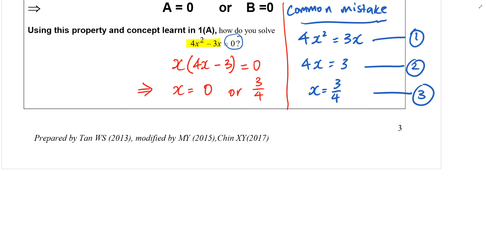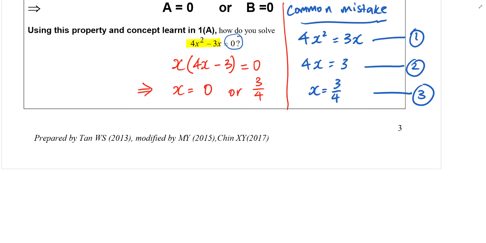Why nobody want to say 2 got problem? No. Only one step got problem. Aiman, what do you think? 1 again. 1 no problem. 2. Okay, what's wrong with 2?